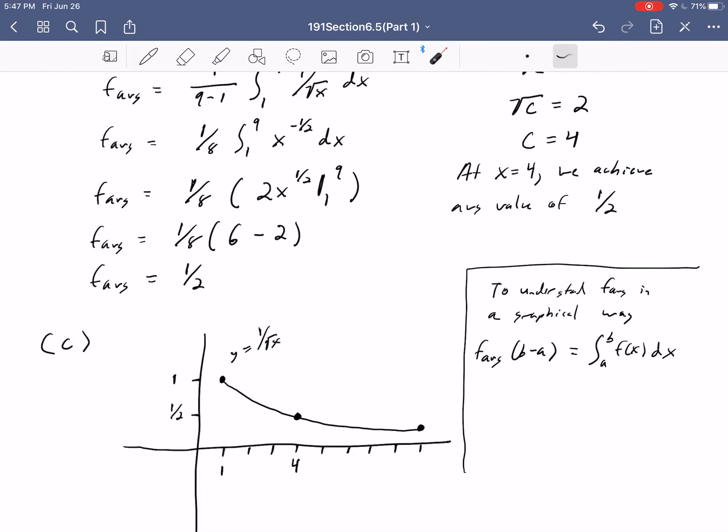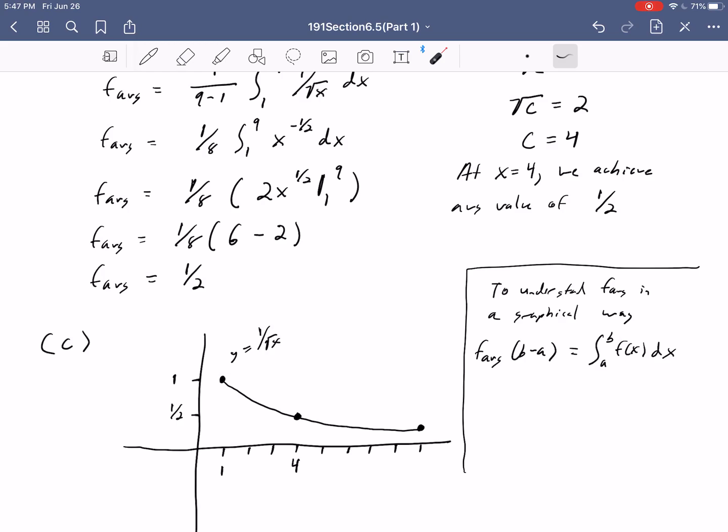Now, what that's really saying is, on the right-hand side, that's the integral of our function from a to b. So that's the area under the function on this interval. In other words, in our diagram, it would be all this stuff. What the left-hand side is saying is that if we do f average times b minus a, we'll get the same area.